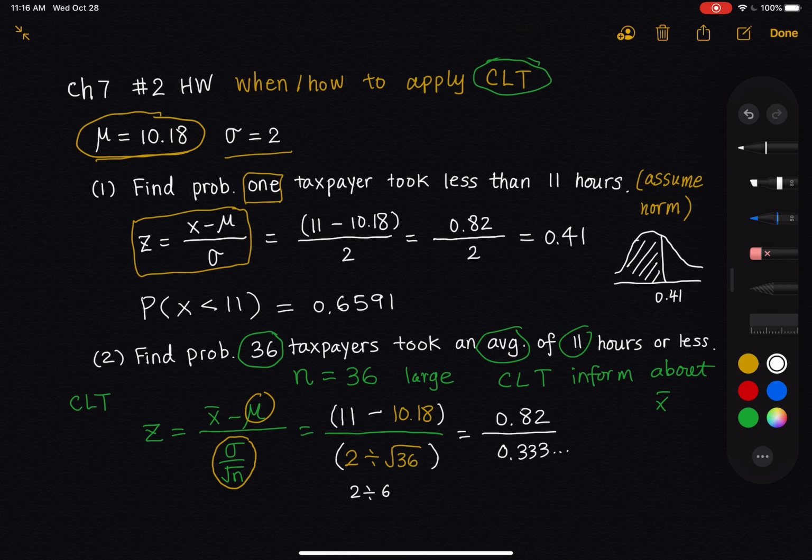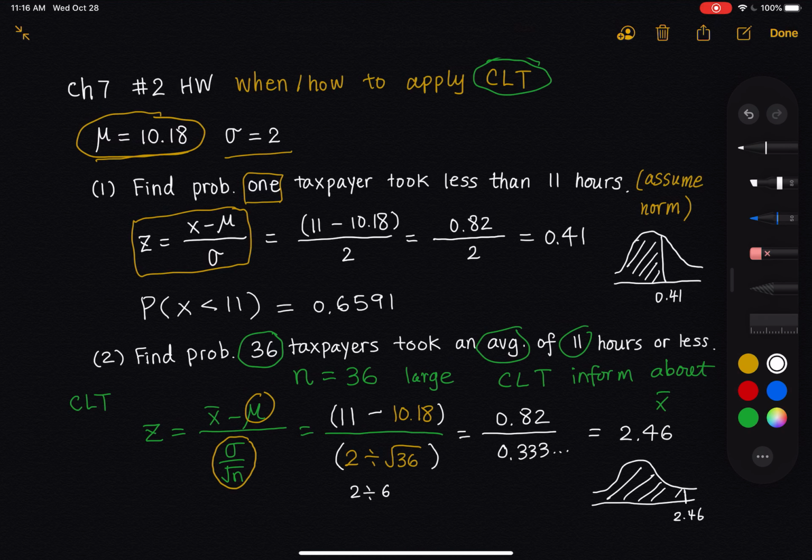You get a z-score, and I think it's exact, not approximate. Your calculator should show you 2.46. So now you use this 2.46 z-score. You draw a normal distribution. It should be all the way over here, 2.46, because it's a big number.